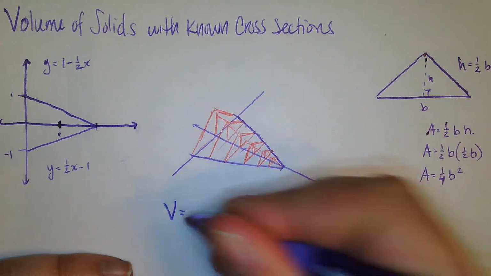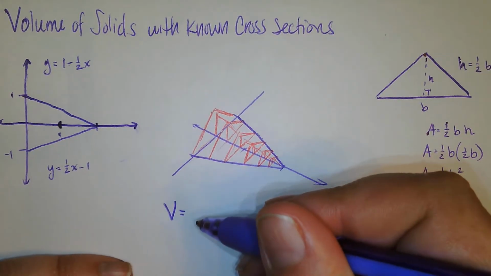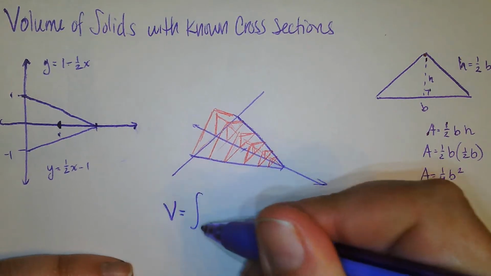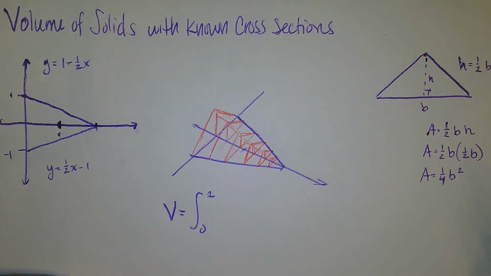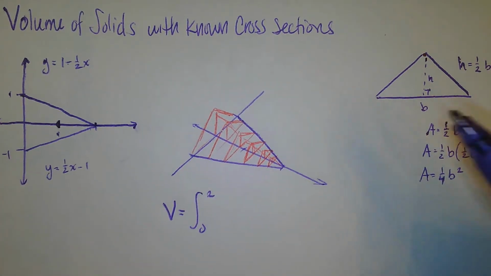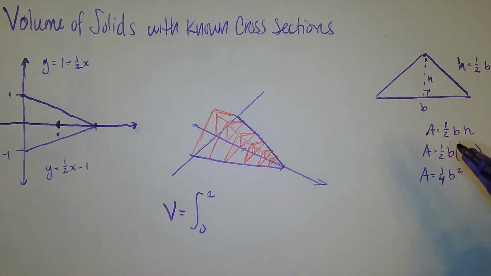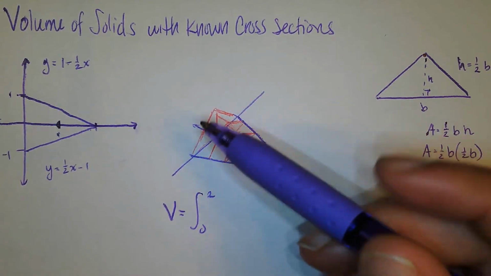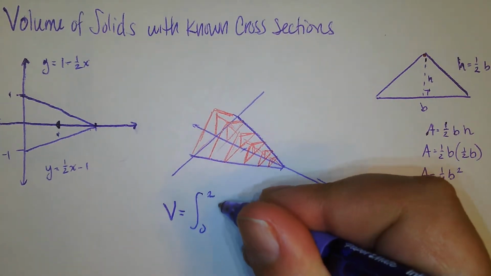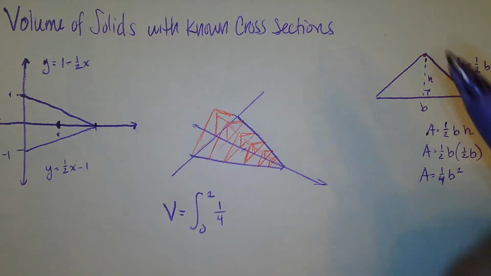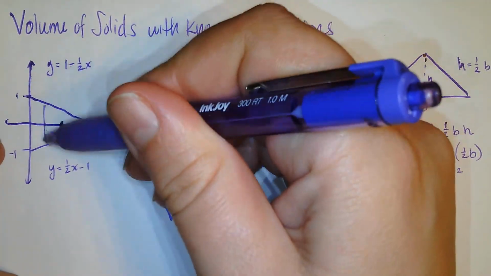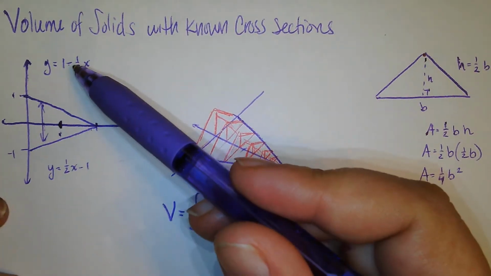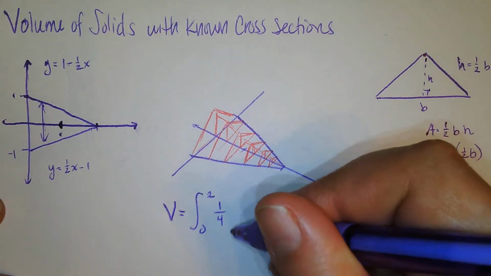The volume of this shape is going to be the integral from 0 to 2. The area of the cross section is 1/4 base squared, so we're quite literally putting that in, 1/4. The base is from here to here, so we get the base by subtracting these two equations.